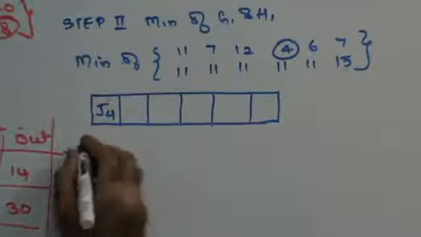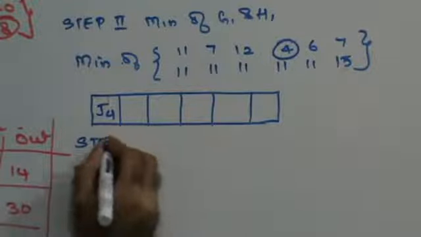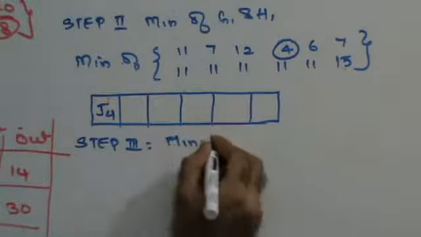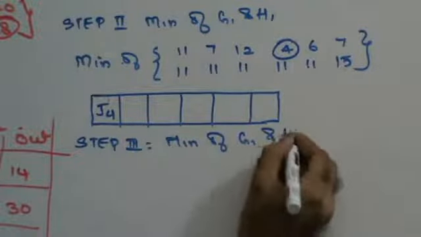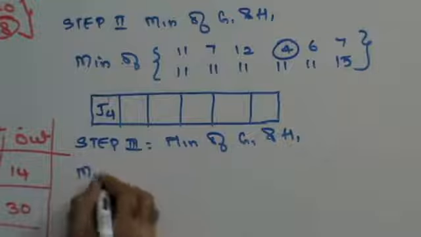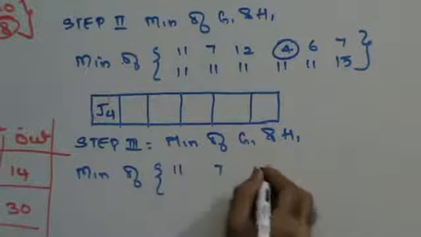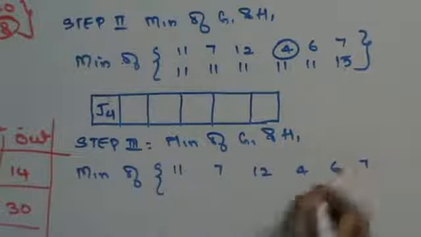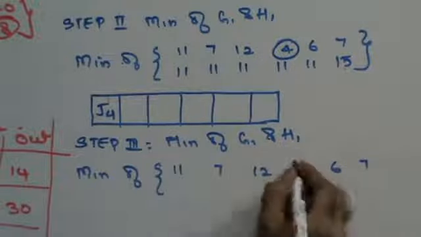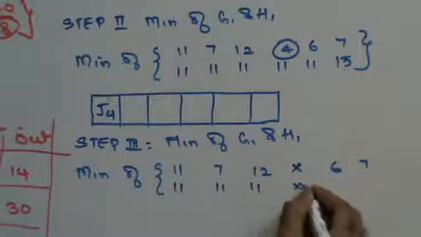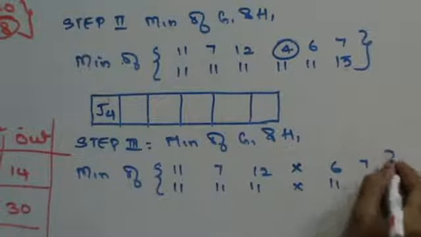Right? Next, step 3. Min of G1 and H1. So this will be min of 11, 7, 12, 4, 6, 7. 4 is going to go across there, 11, 11, 11, cross 11, 15.